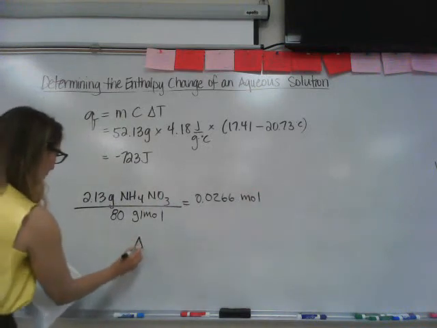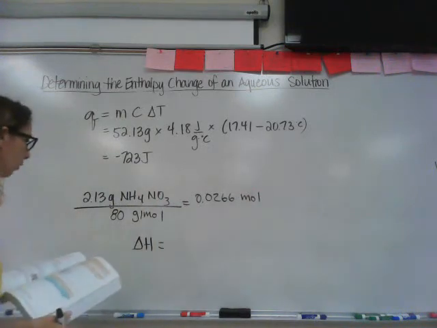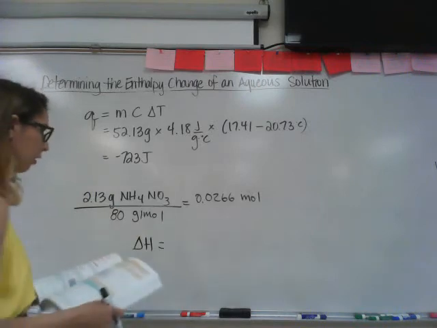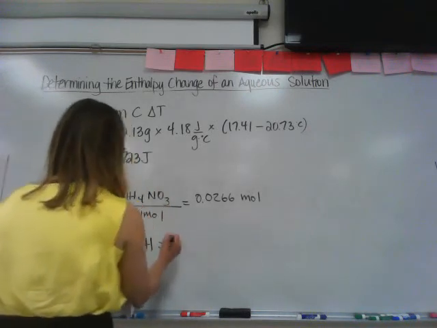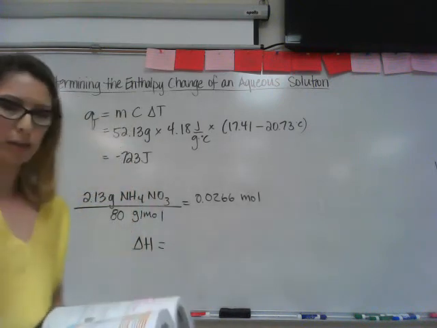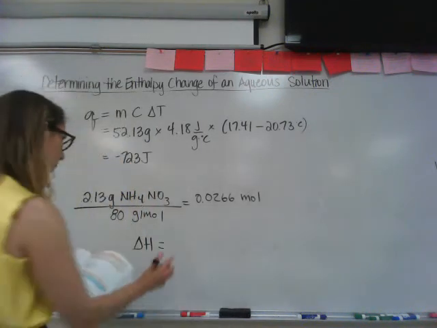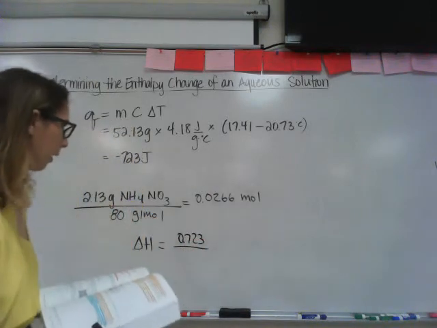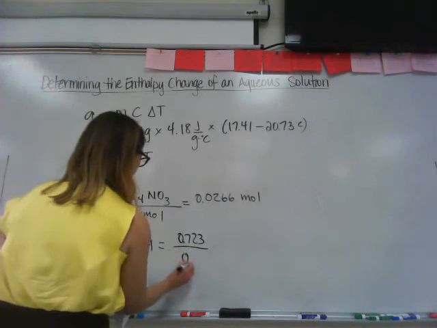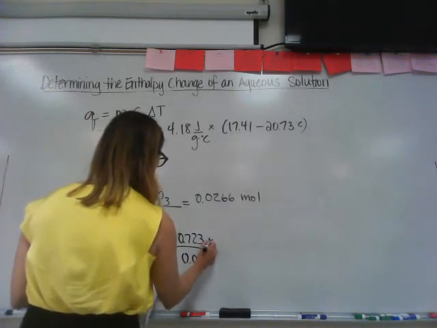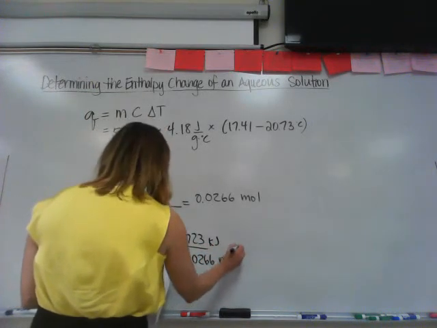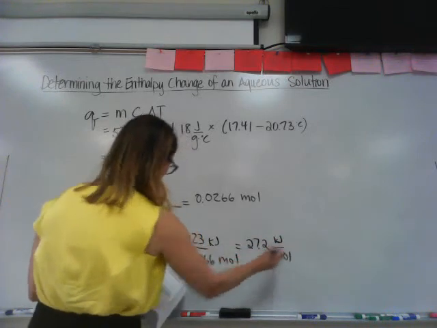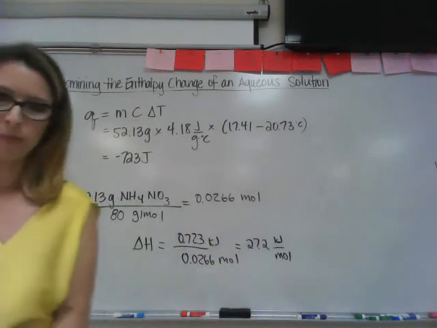So that means your molar enthalpy of dissolution is going to be your Q value. I'm going to convert that to kilojoules, which is going to be 0.723, and then you want to divide it by moles, which is 0.0266. You're going to end up getting 27.2 kilojoules per mole.